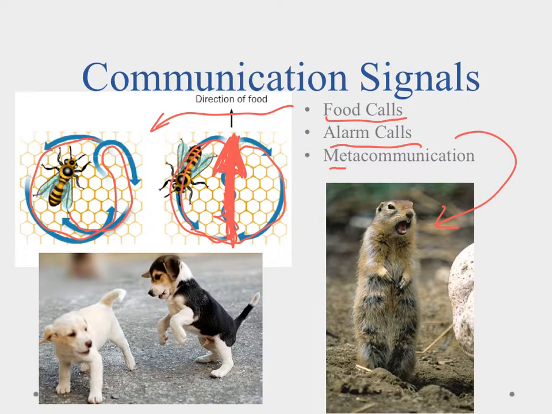Another one that they talk about briefly in the lessons is metacommunication. Metacommunication lets you know that, hey, what's going to happen isn't exactly what you think it is. A good example here is our puppies playing. The puppies will sit there and wag their tails with each other and show a playful face, and then they start playing a little more aggressively.